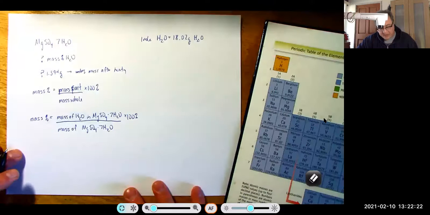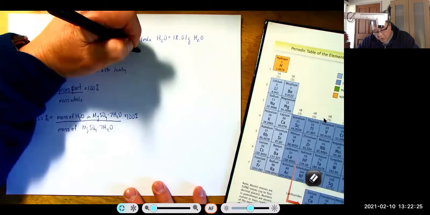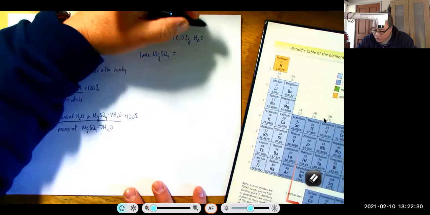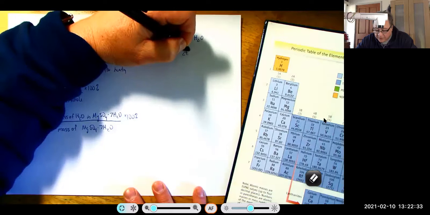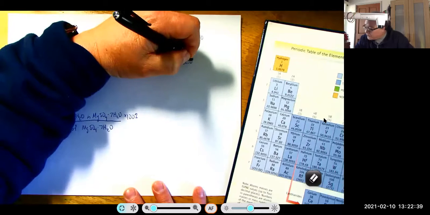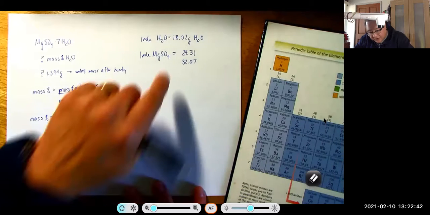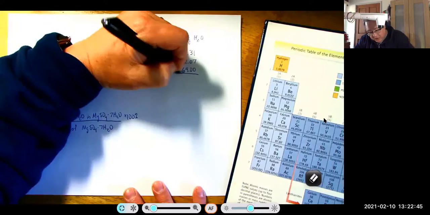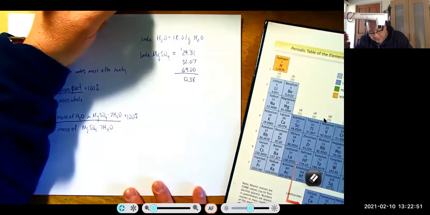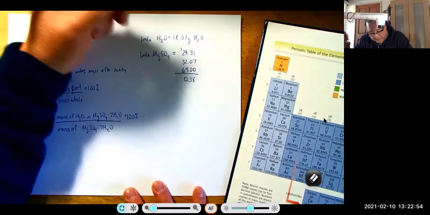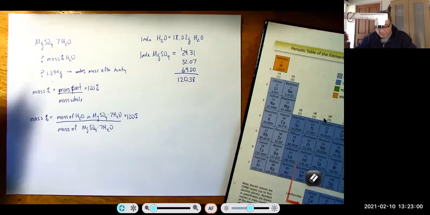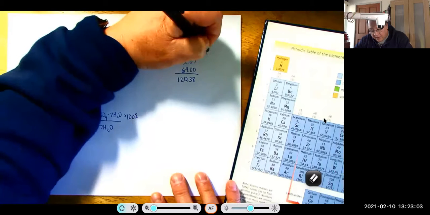This is one that I've done a number of times. 1 mole of MgSO4 is going to be 24.31 for the magnesium, 32.07 for the sulfur, and for the oxygens, it's going to be 64.00, for a total of 120.38. So I'm going to put 120.38 grams.